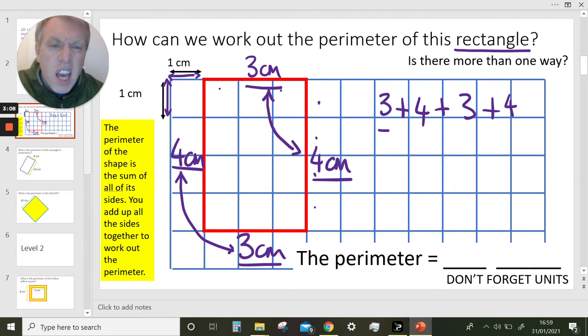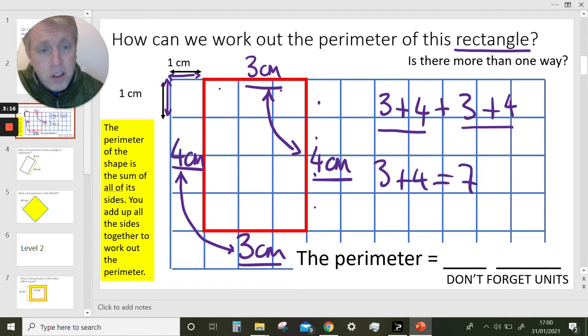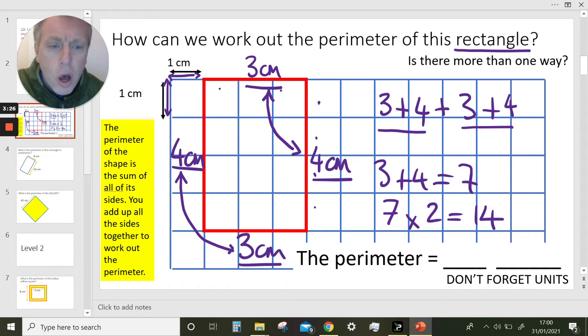Look, we can see it here. 3 add 4, and another 3 add 4. Well, 3 add 4 is 7, and we've got 2 lots of the 7, so the perimeter is 14. Is it? No. 14 centimetres. It's got to have the units.